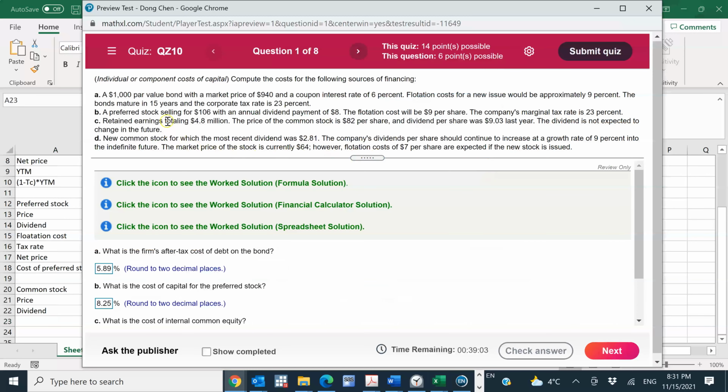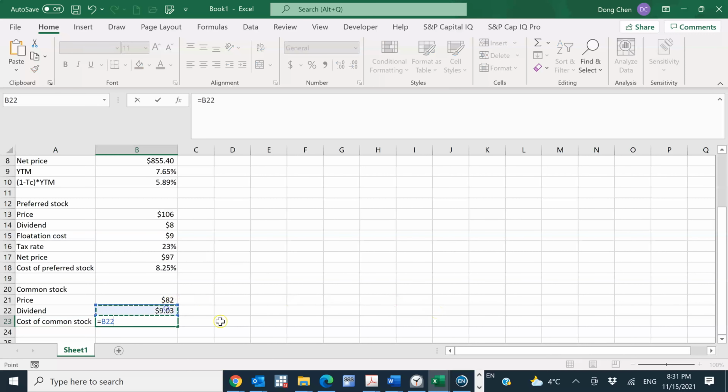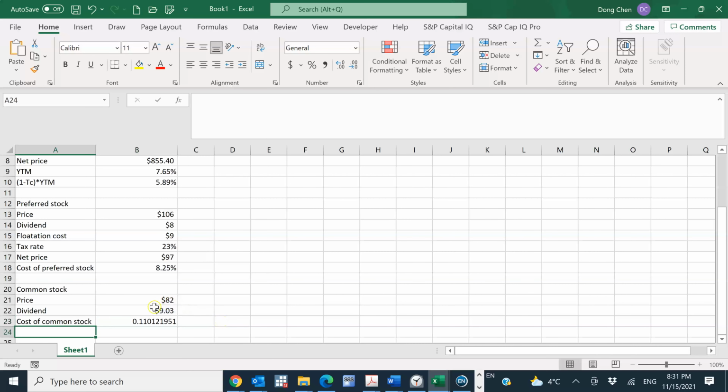And for the retained earnings, obviously there's no floatation cost applicable. So we can just calculate this cost of common stock to be dividend divided by the price. And that's very easy to do.